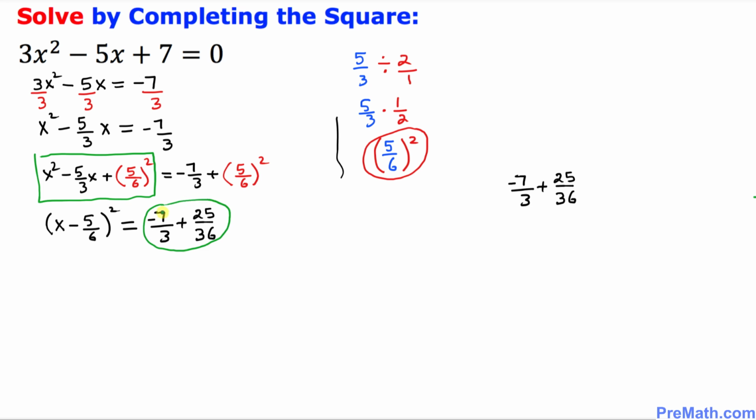Now let's focus on the right hand side. On these fractions, we are going to add them, and here I have copied them down, and let me show you an easy way to add them up. Let's crisscross, so cross multiply this way.